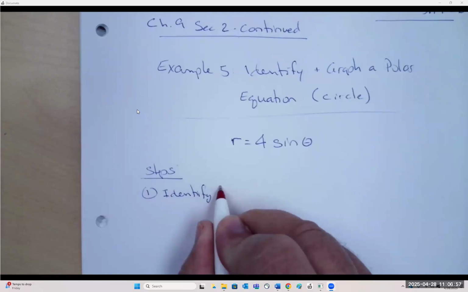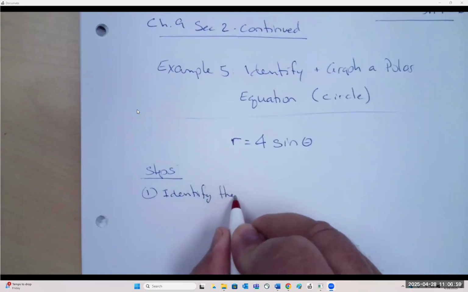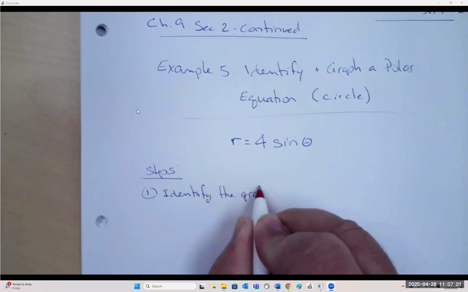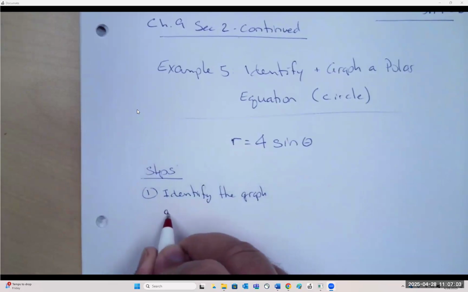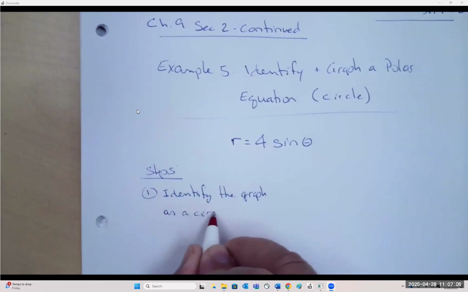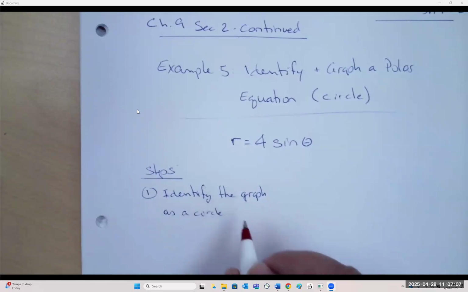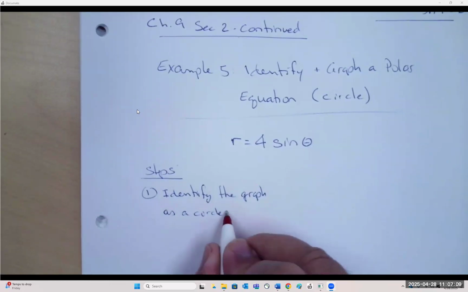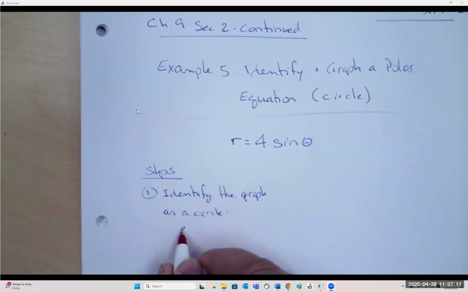Identify the graph as a circle. If it's a circle, then we have to have one of two things.